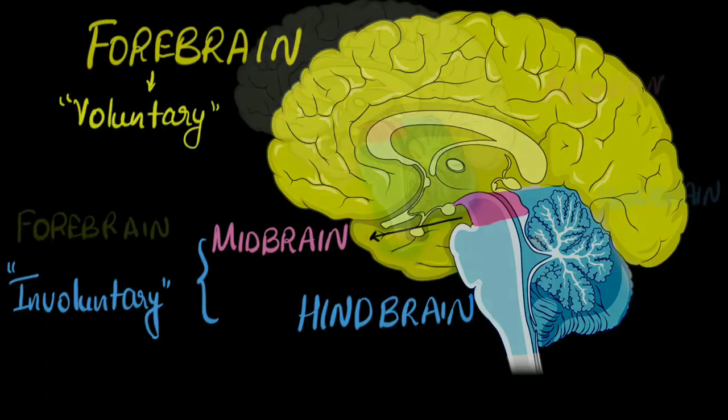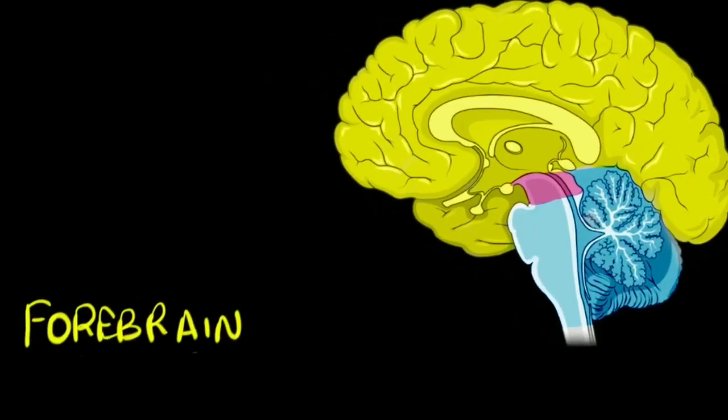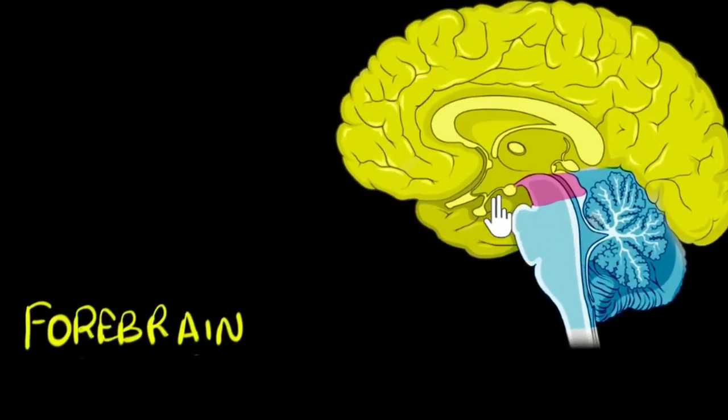So let's zoom out a little bit, and I've made some space so that we can write more parts. Let's start with the forebrain. If you look at the forebrain, you can again kind of see two sections of it. The outer section, which contains a lot of folds, and the inner section. Let me shade that inner section a little bit darker so we can identify that.